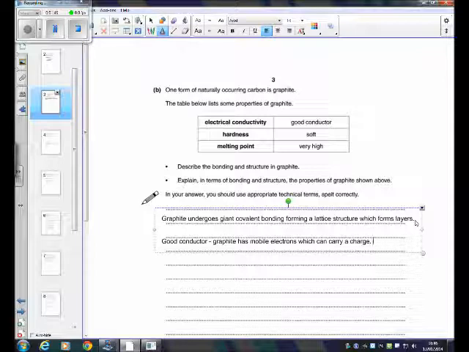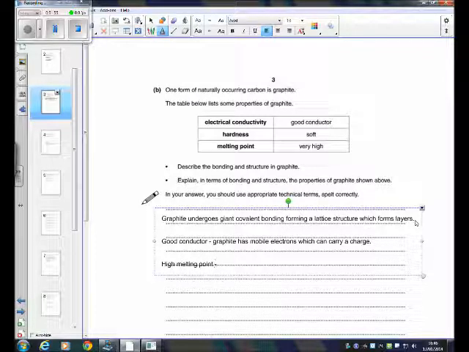Okay, so next point, high melting point. This is because it requires a lot of energy to break those strong covalent bonds. So strong covalent bonds require a lot of energy to break.